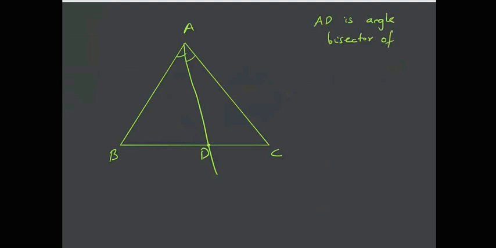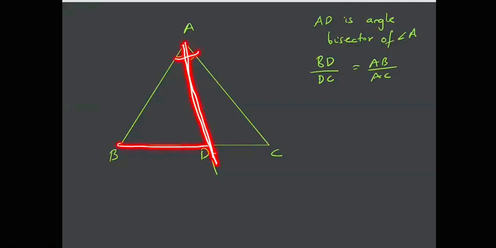Now we will prove that BD over DC is equal to AB over AC by the concept of similarity of triangles. We can prove this in many ways, but we'll use the concept of similarity here. That is, the angle bisector of angle A of the triangle will divide the opposite side in the ratio of the lengths of its adjacent sides.